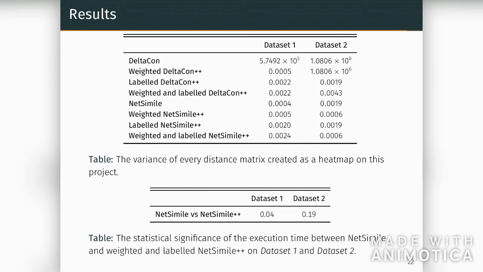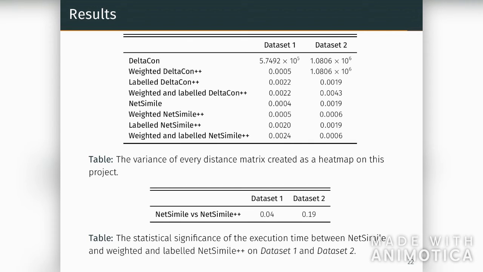The first table shows the variance for every distance matrix computed for this project. Every version of DeltaCon++ has a higher variance than DeltaCon. A similar case holds for NetSimile++ against NetSimile on dataset 1.